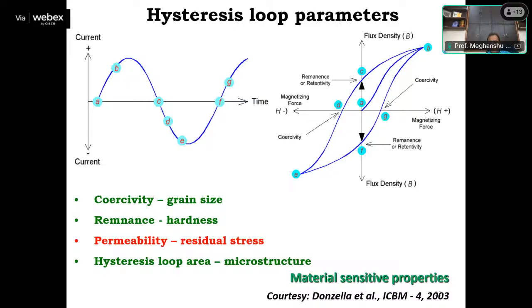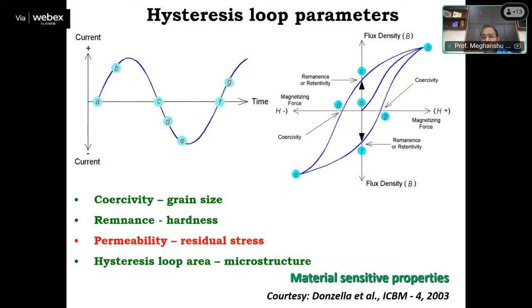The hysteresis loop is generated when we apply alternating current. You can see the application of alternating current, and this alternating current has generated the hysteresis loop. When this hysteresis loop is plotted over the x-axis and y-axis, it has intersection points with the x-axis and y-axis.